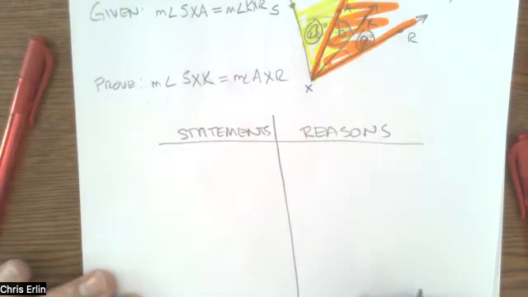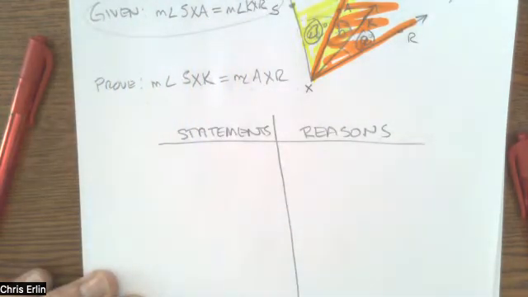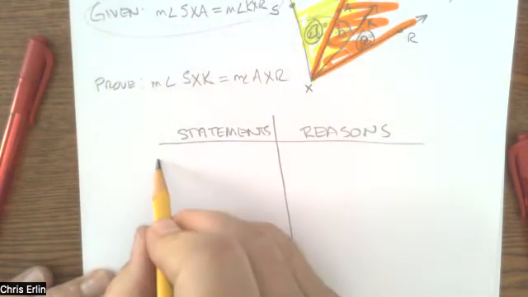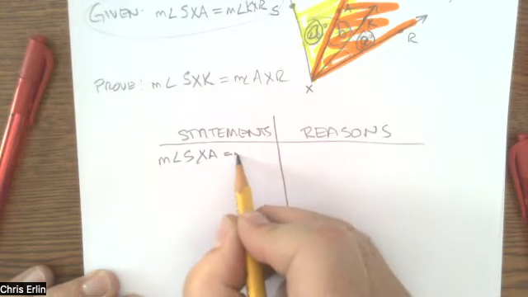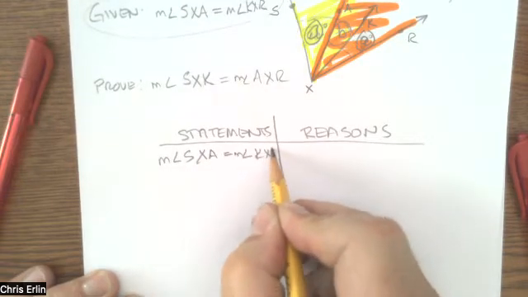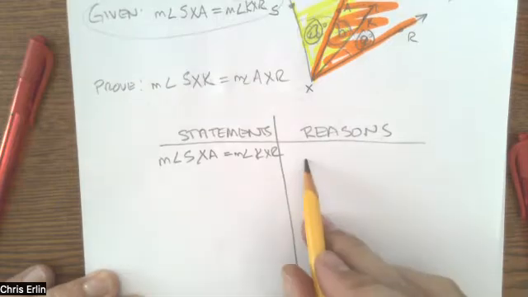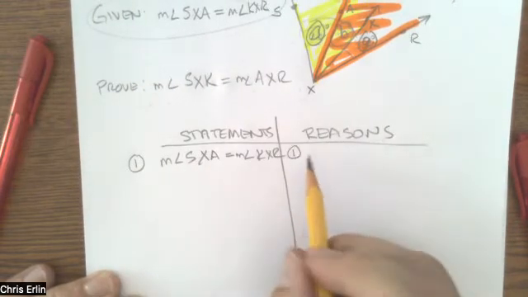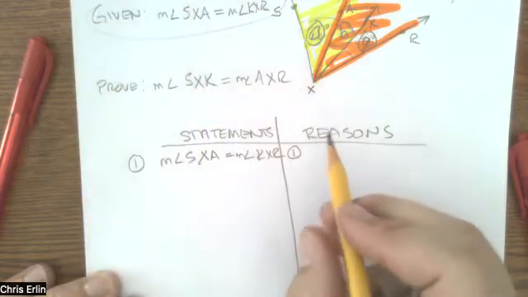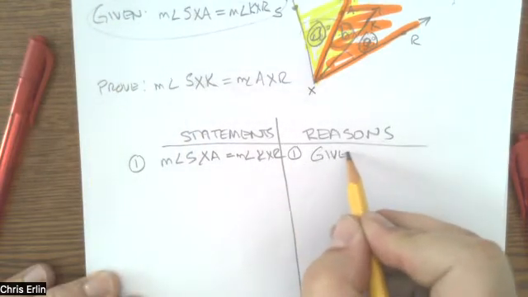And on every single 2-column proof, it'll start with the given. So my first statement will be exactly what I said there, that the measure of angle SXA is equal to the measure of angle KXR. What's my reason for that? It was given.